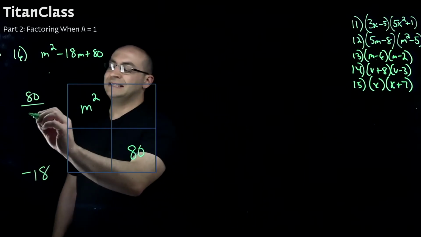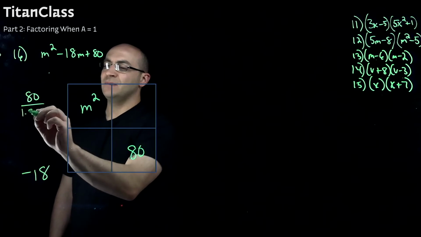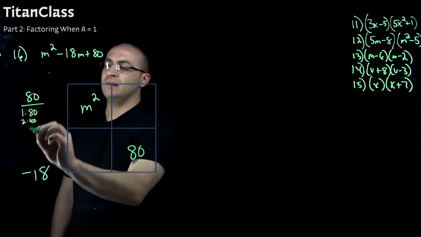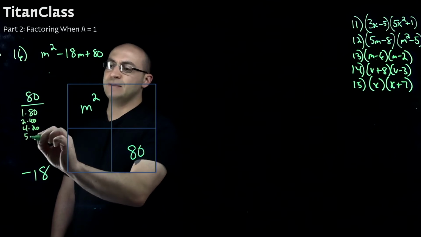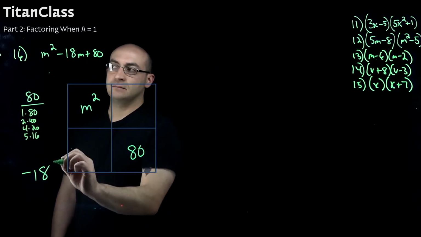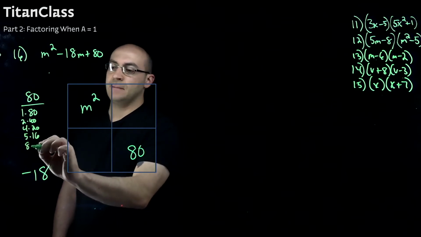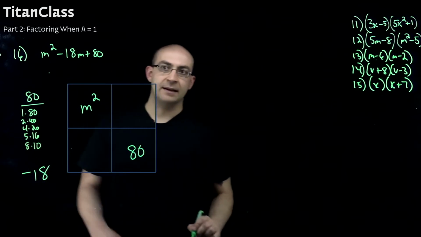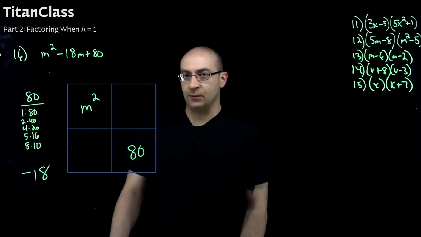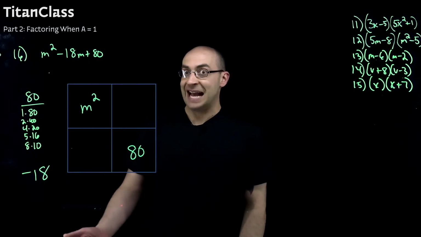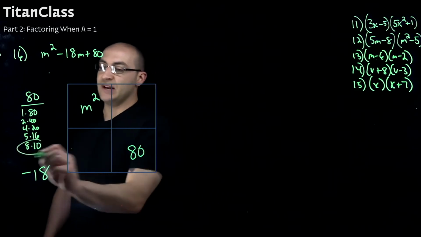So, there's a lot of factors here. 1 times 80, 2 times 40, 3 doesn't fit, 4 times 20, 5 times 16, 6 doesn't work, 7 doesn't work, 8 and 10, 9 doesn't work, and then I would go back to 10. So which one of these 5 is what I'm looking for to get to a negative 18 with adding or subtracting? And it's going to be 8 and 10, right? Because nothing else will work.